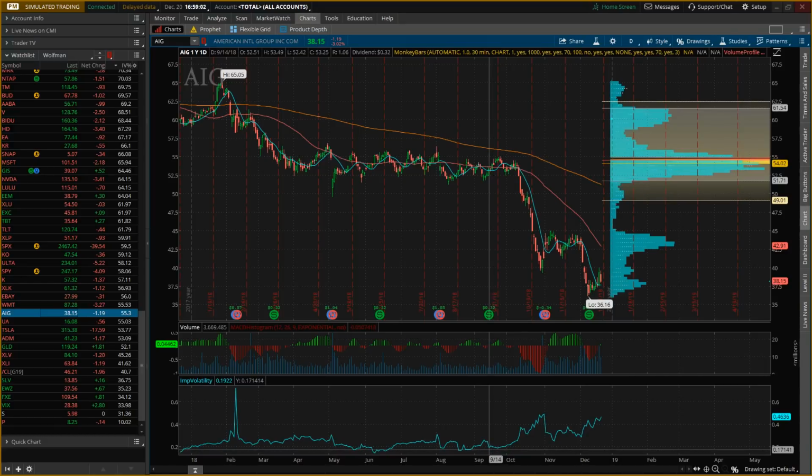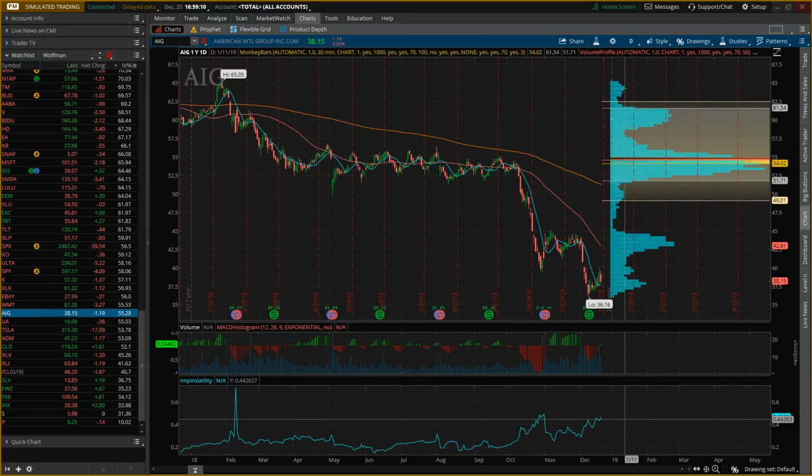That gives us right around a 55 implied volatility percent. So that's what I'm talking about for a medium to low implied volatility. It's around each individual underlying, and each individual underlying has its own implied volatility percent.